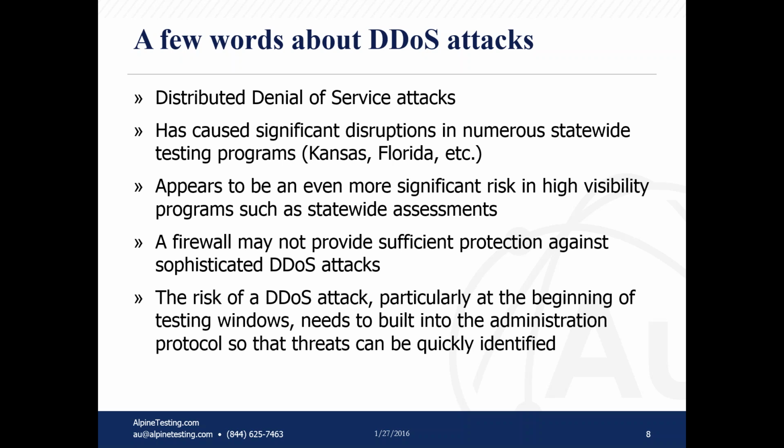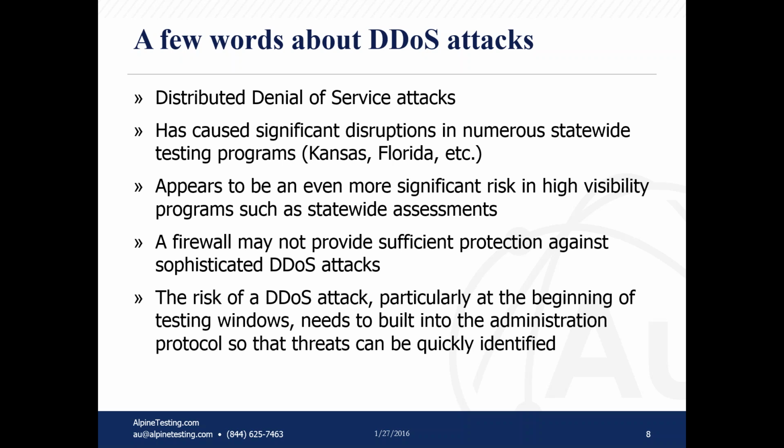Unfortunately, I think a lot of people were under the impression that they could set up a firewall and that would prevent this from happening. But the firewall certainly helped. What's happening is the firewall also needs to be adjusted in a fairly quick turnaround.